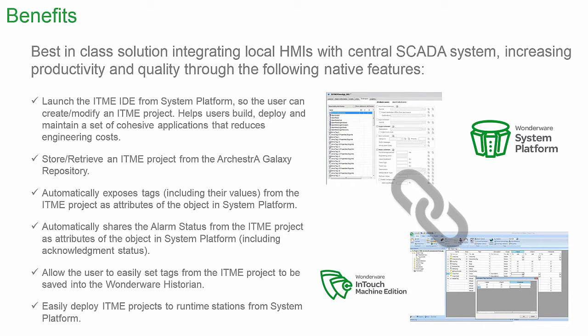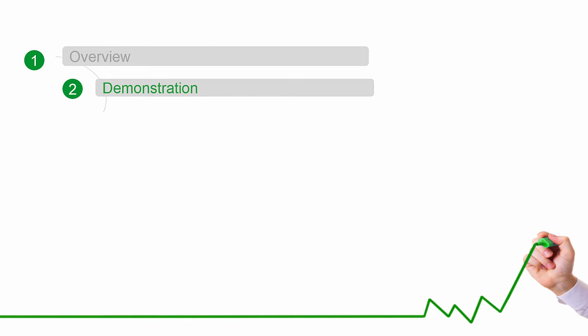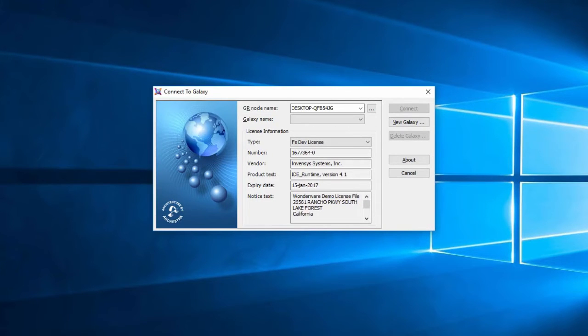You can download the projects, stop the projects, run the projects, everything from the Wonderware System Platform IDE. So extremely well designed and easy to use integration between the SCADA system with System Platform and the runtime HMIs running InTouch Machine Edition. With that, I'll switch to the actual demonstration.